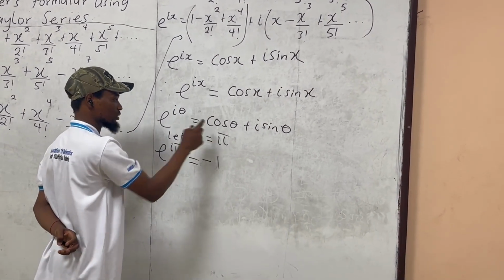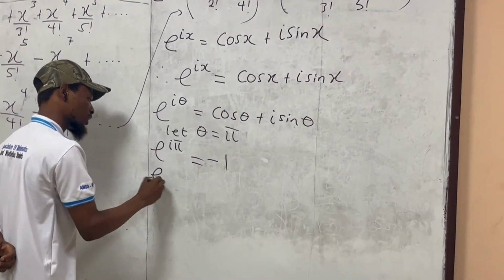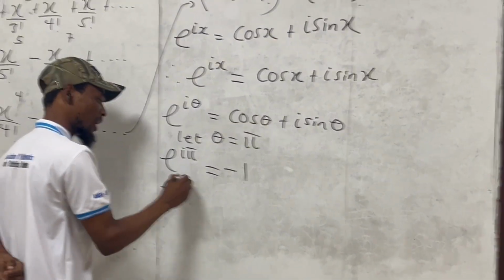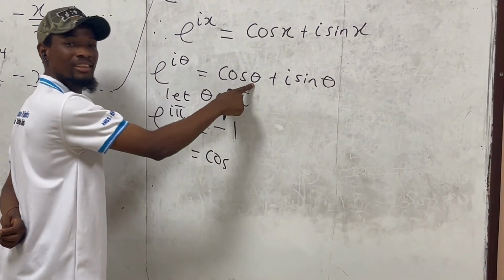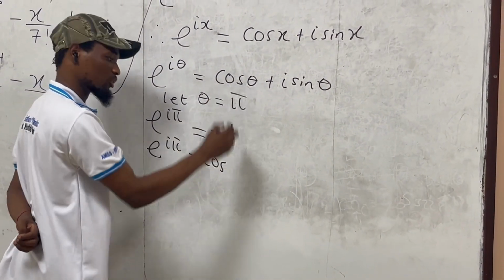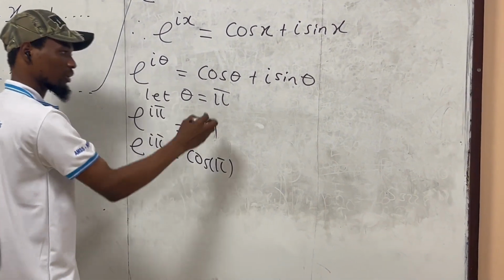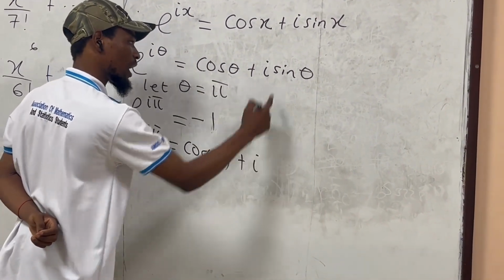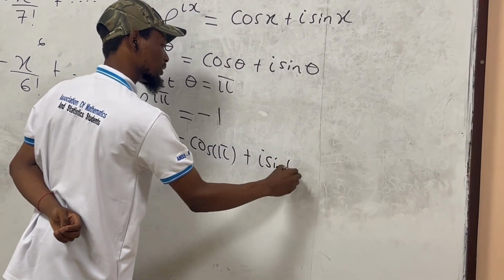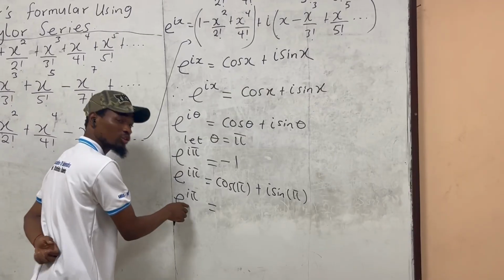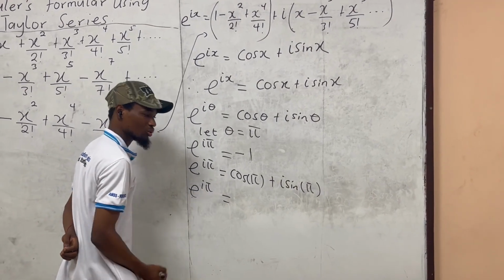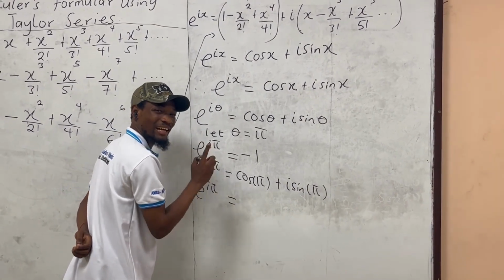So let's substitute. So I can say that e to the power i pi is equal to cos, wherever I see theta, I put what? Pi there, so I have pi. Then I have plus i, then sine what? Pi. So e to the power i pi is equal to cos pi, which is negative 1.